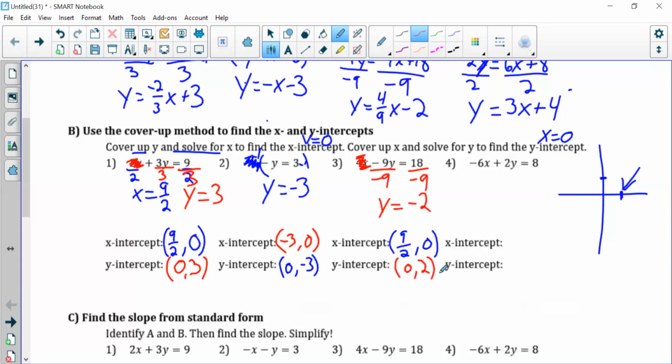All right, last one. Cover up my y, solve for x. X equals negative 4/3. So my x-intercept is negative 4/3, 0.